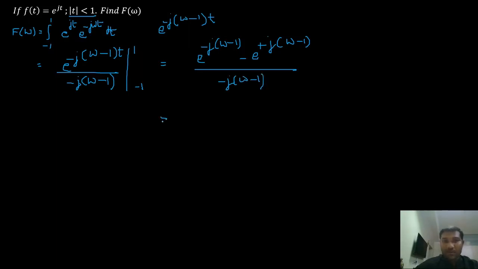So this is nothing but e power j theta minus e power minus j theta, divided by minus j omega minus 1.